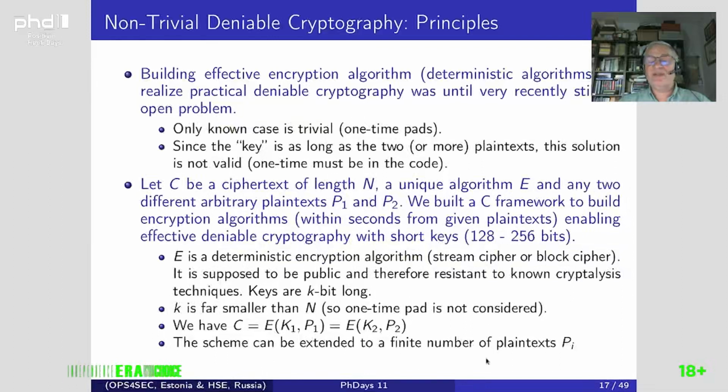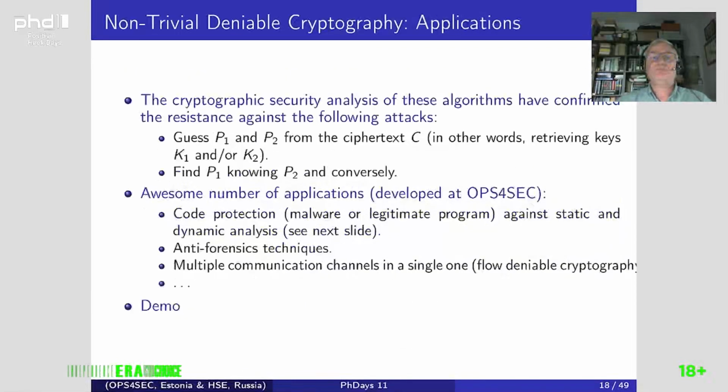This scheme has been extended to 3 plaintexts, and of course it can be extended to a larger number. From a cryptographic security perspective, we have proven its security. We cannot guess P1 and P2 from the ciphertext, and even if we know P1, it is not possible to guess P2, or conversely.